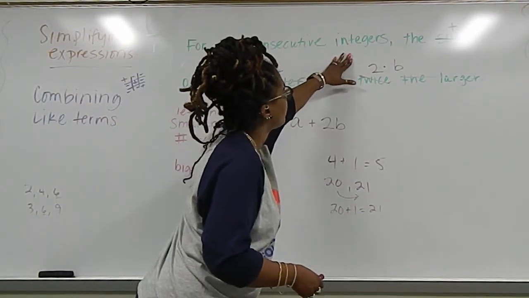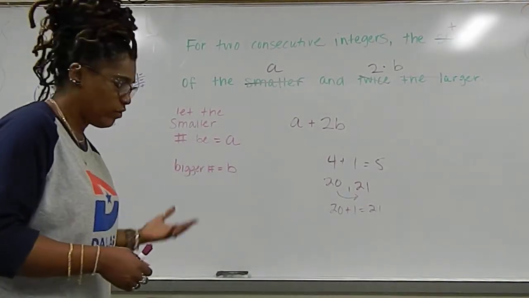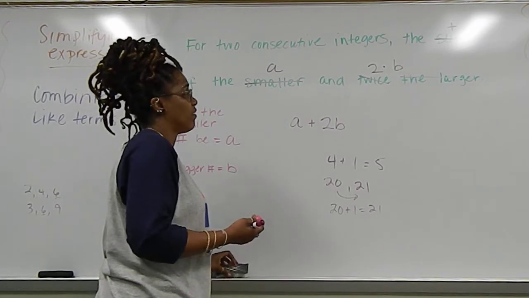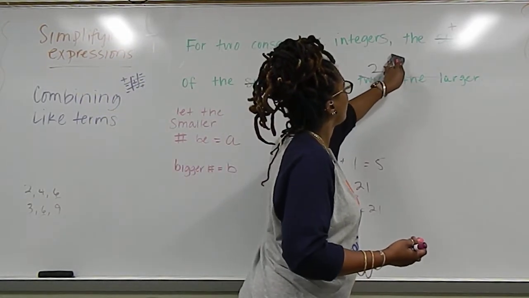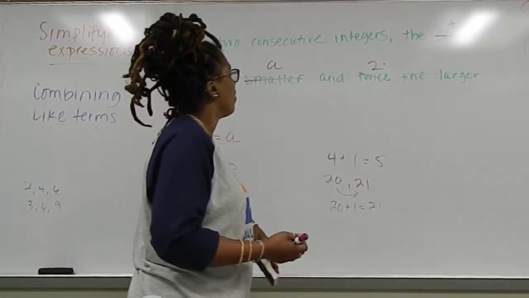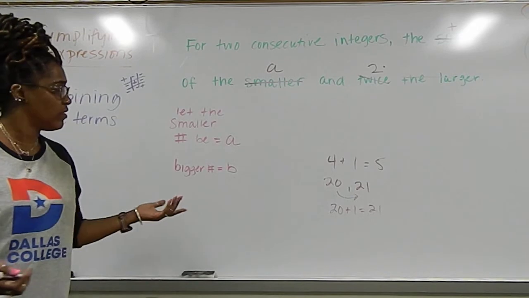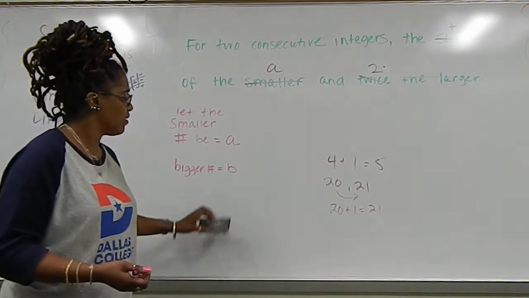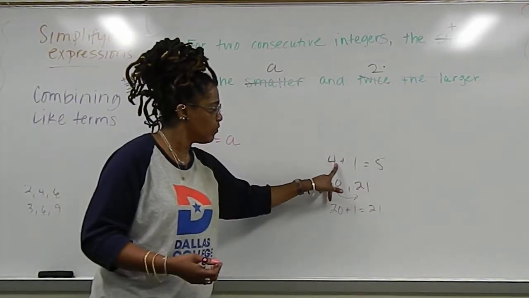I'm thinking, like I said, they don't want you to have two variables yet. I just think it's early. So how would we represent this with just one variable, right? If the smaller number is A, like we said, we're not going to let this be B anymore. How do we get from one number to the next?